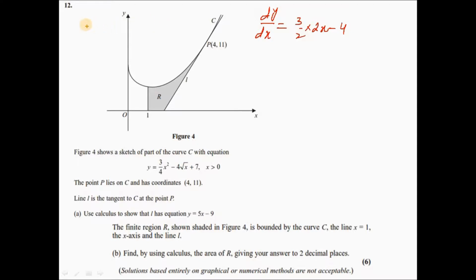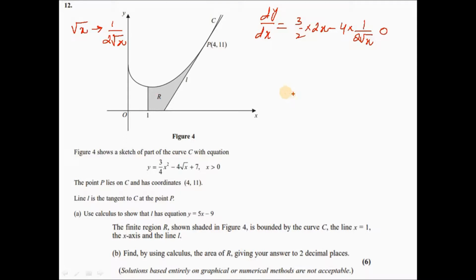The derivative of root x is 1 upon 2 root x, and the derivative of 7 is 0.